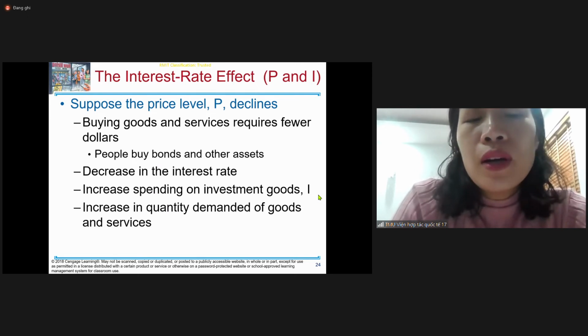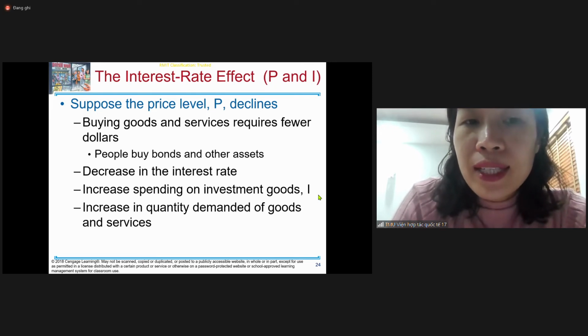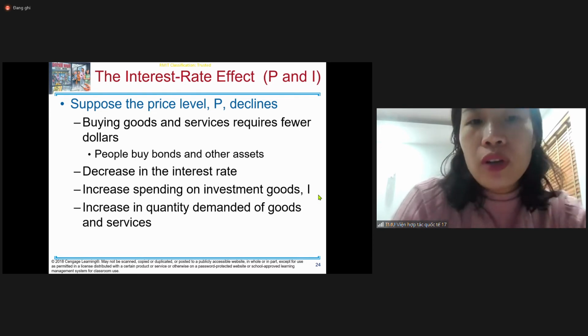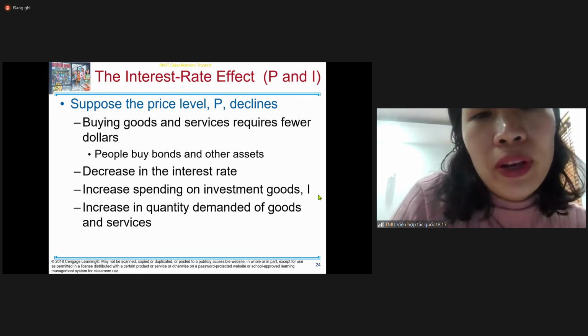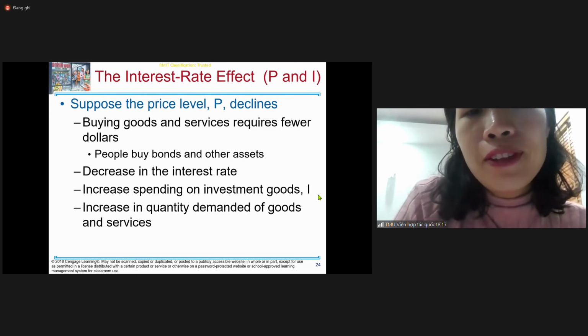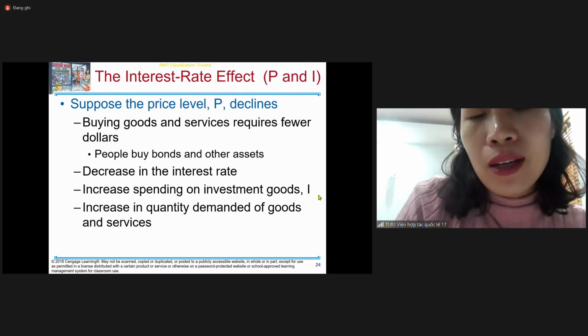Okay, to save means that you keep it there and you invest it somewhere. Okay, so suppose that the price level falls, and given that consumption is the same or increased not very much, then you still have some extra money to buy something else.